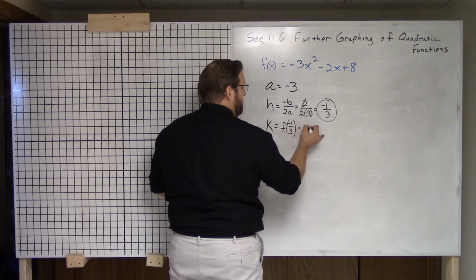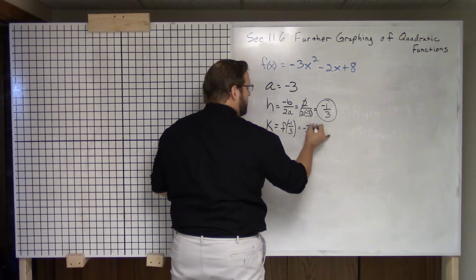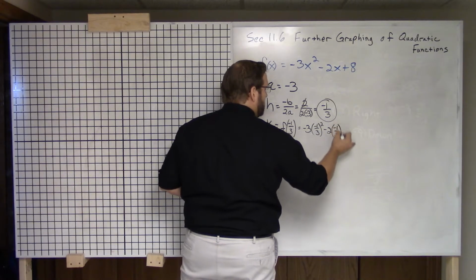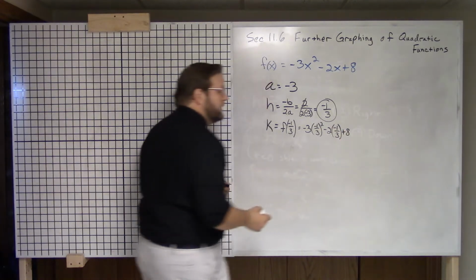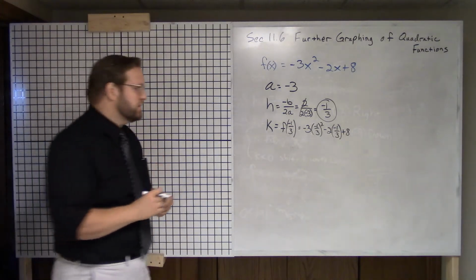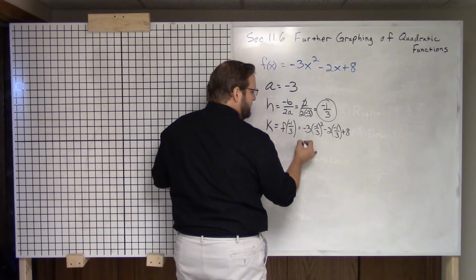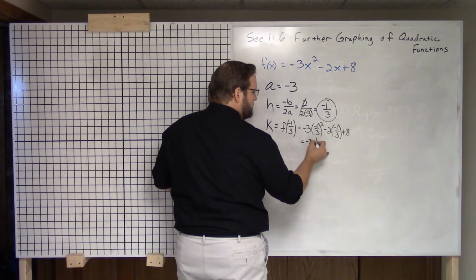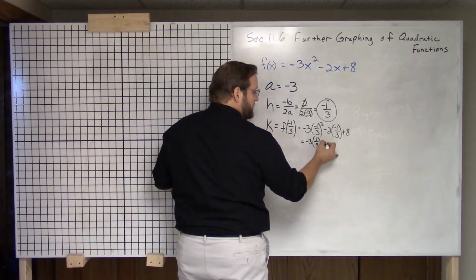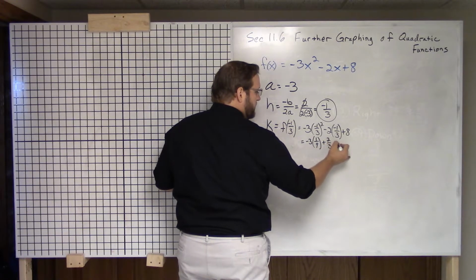So we have negative 3 times negative 1/3 squared minus 2 times negative 1/3 plus 8. Again, you can use your calculator there, but this is a good place to practice your fractions a little bit. So we've got negative 3 times 1/9, and then you have a plus 2/3 plus 8.